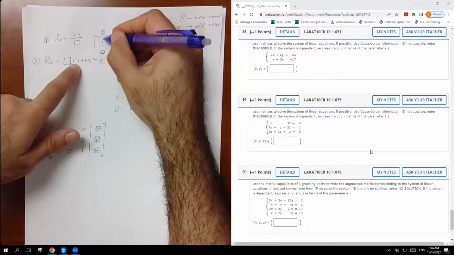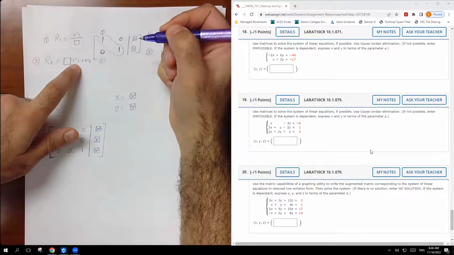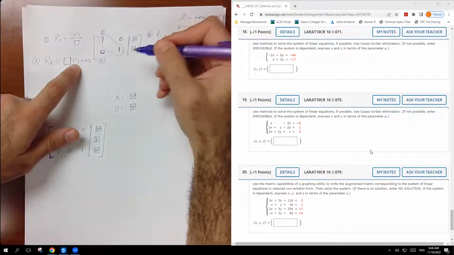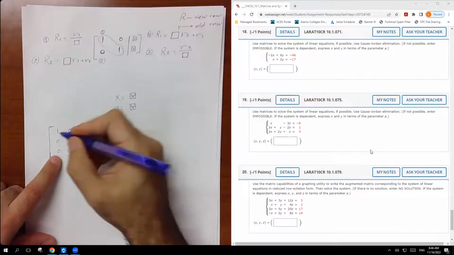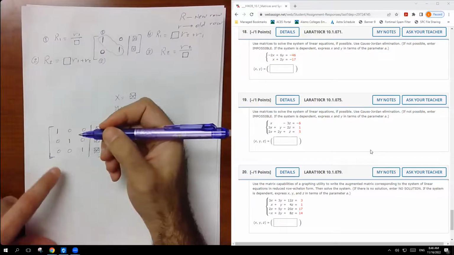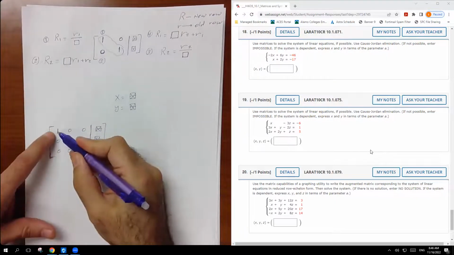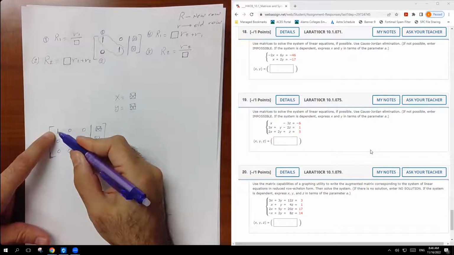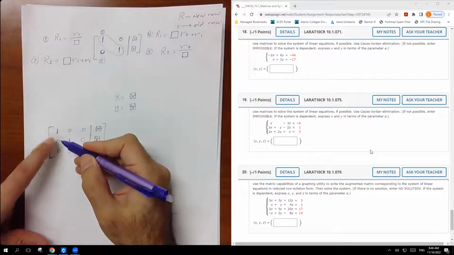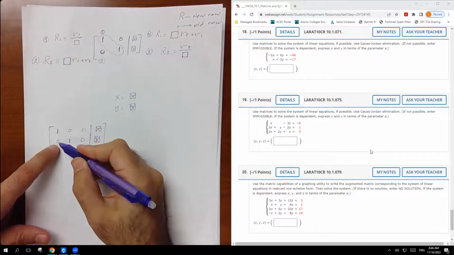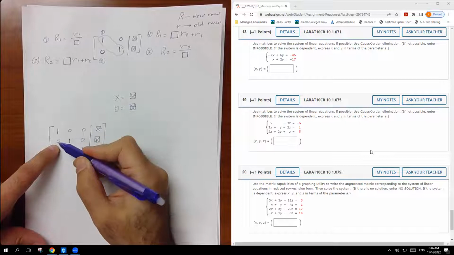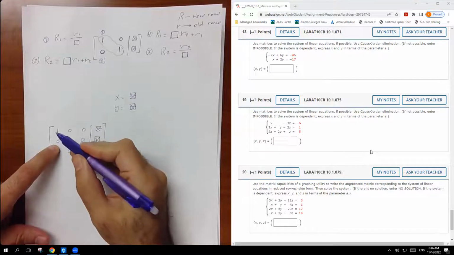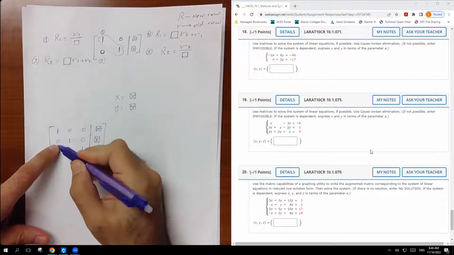Because the first row equals 1. So we're going to do the same thing here. When I need to convert this number in this location to 1, I'm going to divide. But when I need to convert the number in this location to 0, I'm going to multiply by the opposite sign in the first row and add it to the second row.